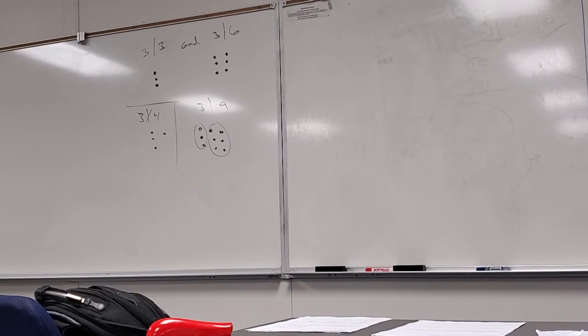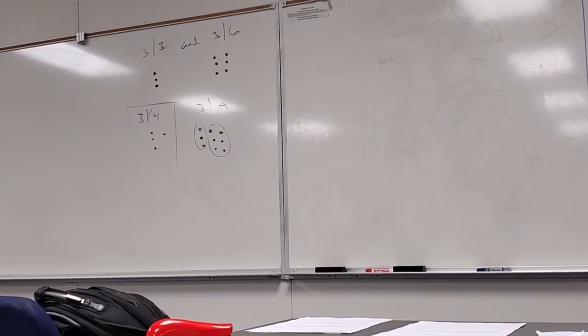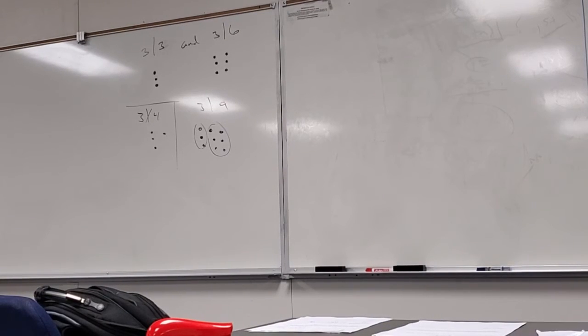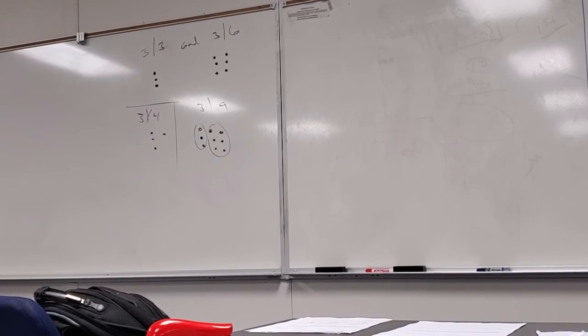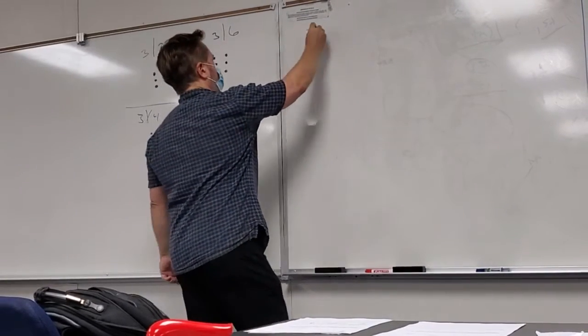Like leap year. Or presidential election years. All right. Since 4 goes into 100, I only have to look at the last two numbers. So does 4 go into this number?